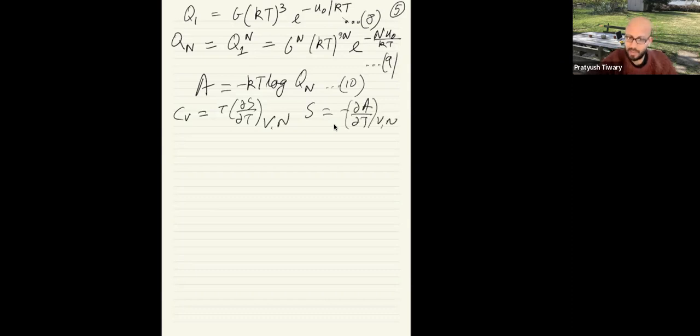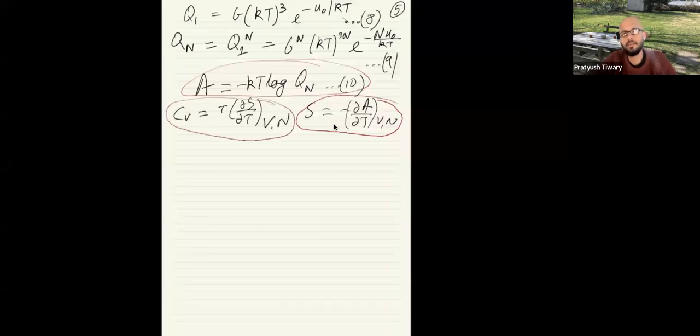So now we see a way. We have to calculate A. Once we calculate A using this formula, we put that into the formula, differentiate A with respect to temperature to get S, and differentiate it one more time to get CV. That's the step. So we'll start with A, then we will go to equation 11, and then we will go to equation 12.